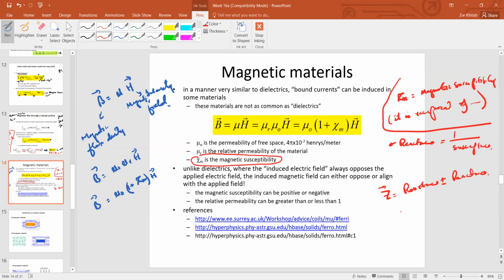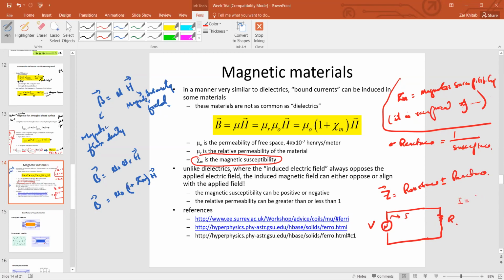Reactance is really, for example, if I have this little circuit, and suppose this is the resistance R, and this is V. How much current will flow through my circuit?